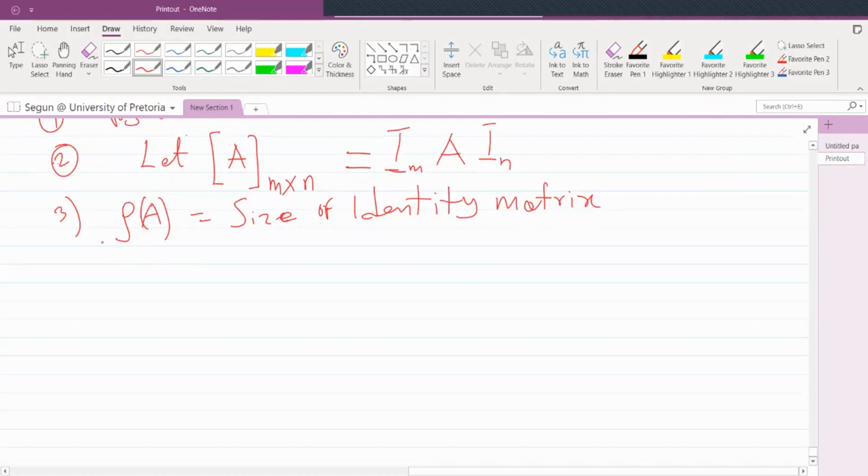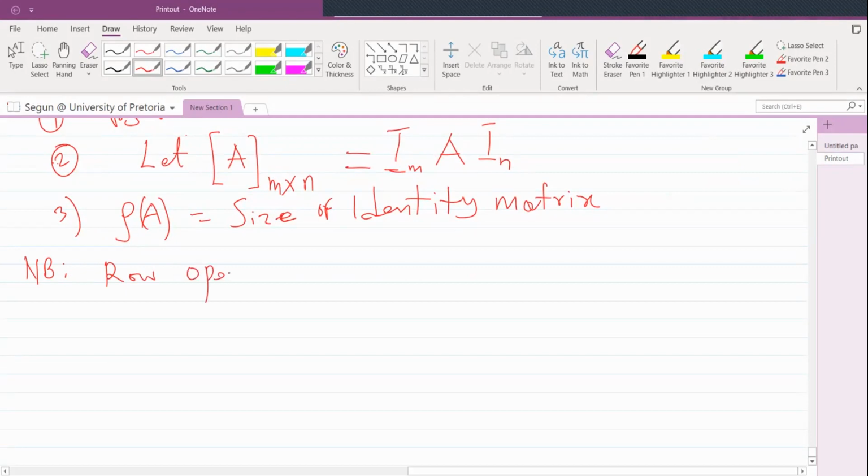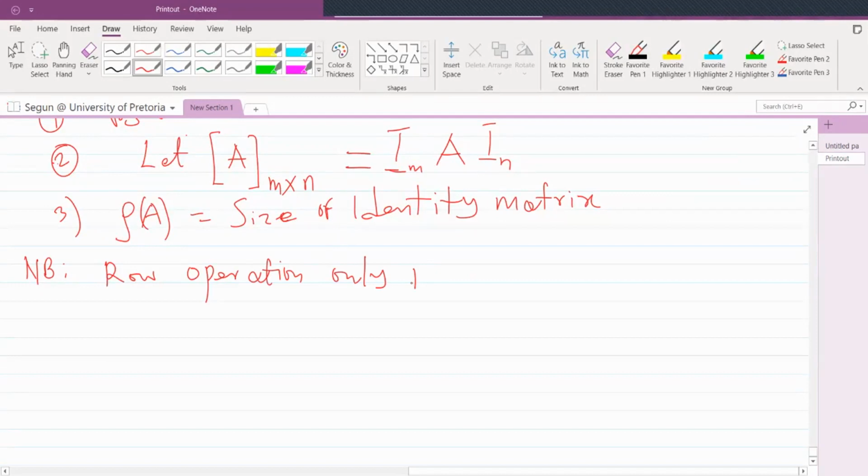So please note that the row operation is only performed on I subscript M. Why?